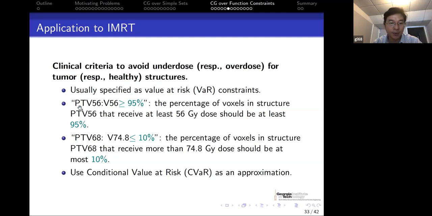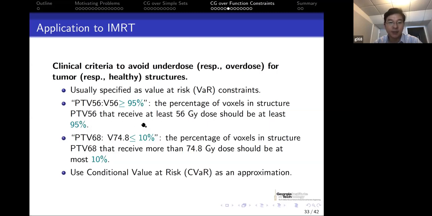For example, PTV56 with V56 greater than or equal to 95% means the percentage of voxels in the structure PTV56 that receive at least 56 gray should be at least 95%.